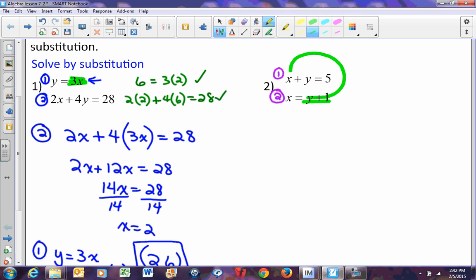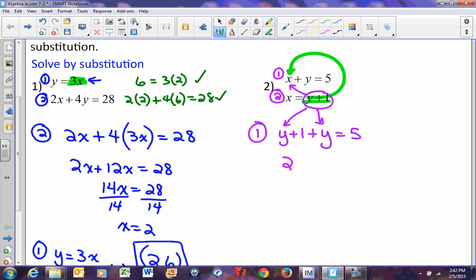In equation 1, it says x, which is actually y plus 1, plus y equals 5. All I did was plug this into that equation. So I have y plus 1 plus y equals 5.